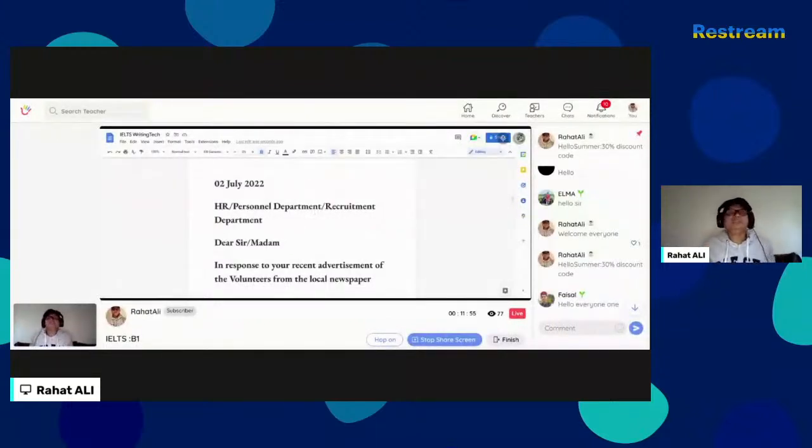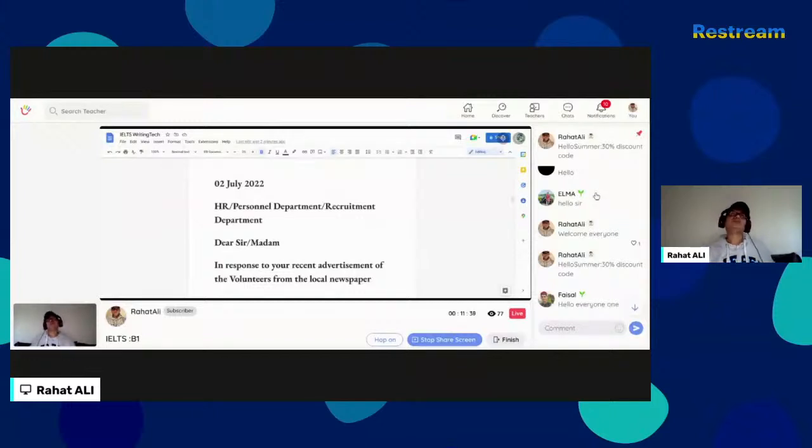This may not be needed. So 1, 2, 3, 4, 5. So you're removing 15 words and it's becoming roughly now 183 words, which is okay.